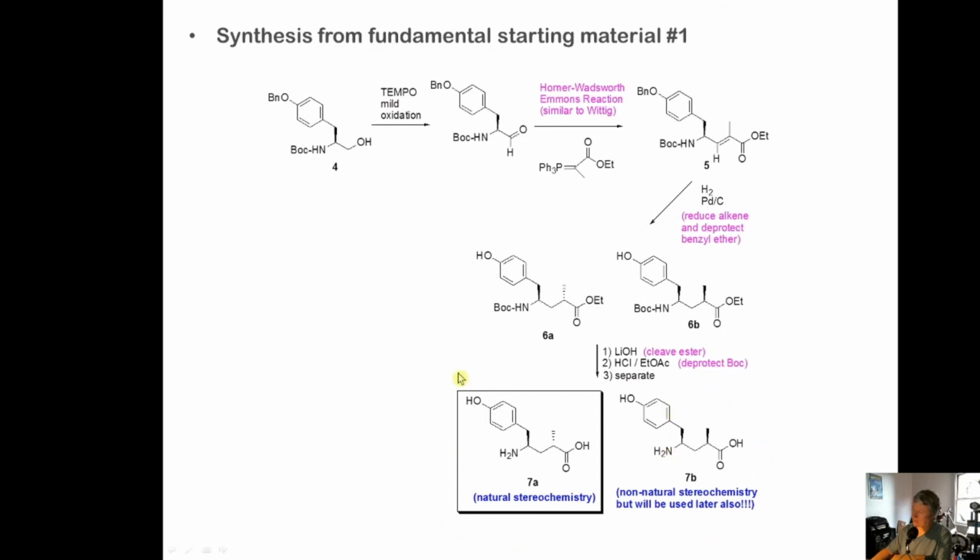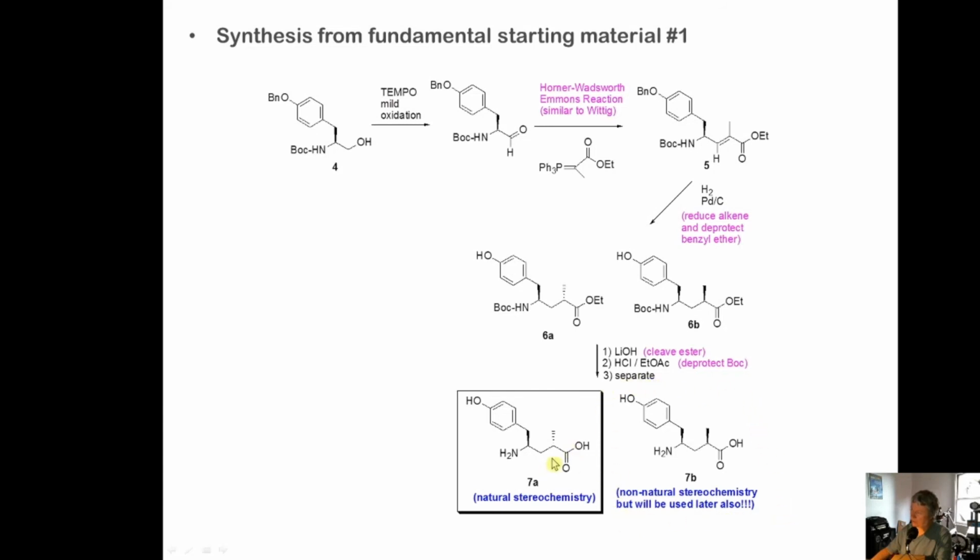I forgot how they did it, but now they actually have a pure version of building block 7A, which is the natural stereochemistry corresponding to the natural tubulysin. And then they have one that's the non-natural. And as you'll see, they use this one as well. It's pretty cool. At the very end, they'll use 7A, and they'll also use 7B, and they'll make two different versions of tubulysin.